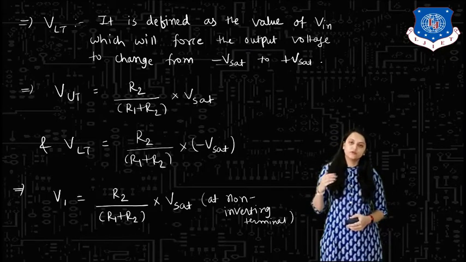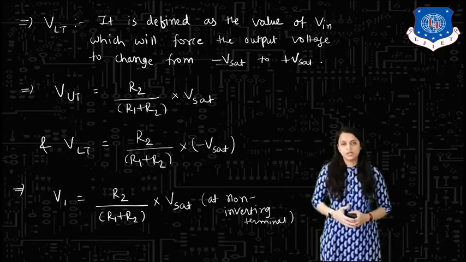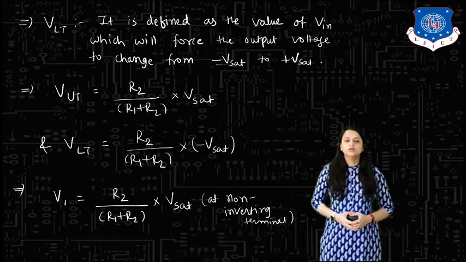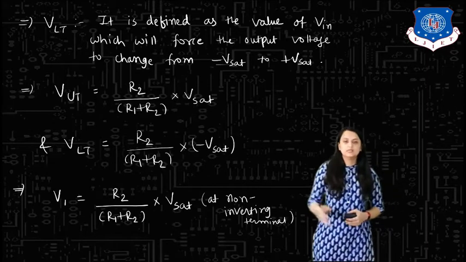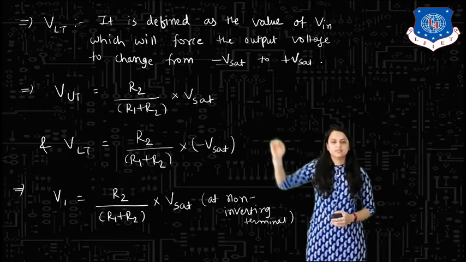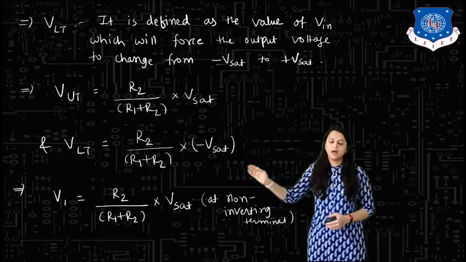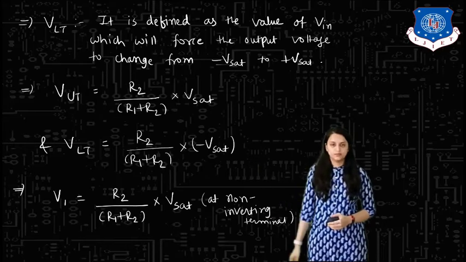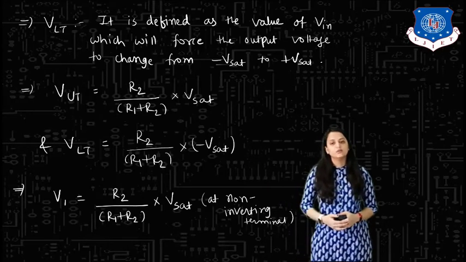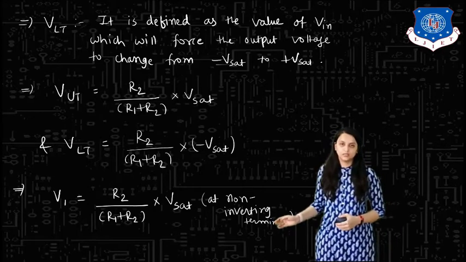Whenever we have a transition from minus Vsat to plus Vsat, we call it VLT, the lower threshold voltage. The equation of VUT is R2 upon R1 plus R2 into Vsat, and VLT is R2 upon R1 plus R2 into minus Vsat. Here V1 equals R2 upon R1 plus R2 into Vsat at the non-inverting terminal.